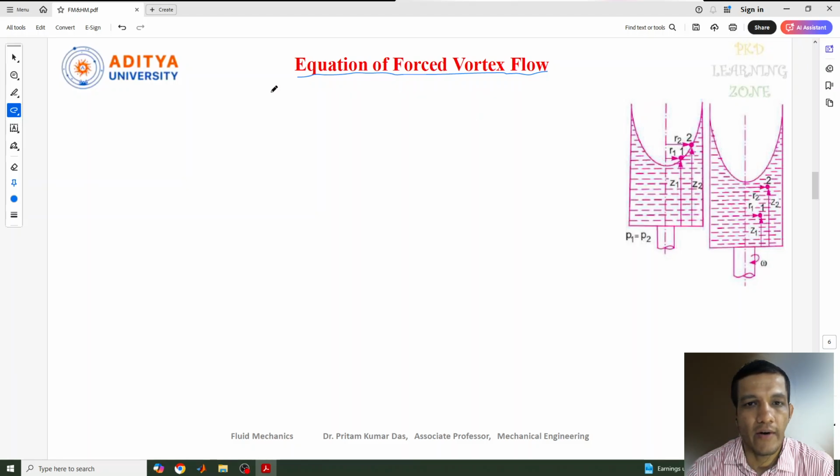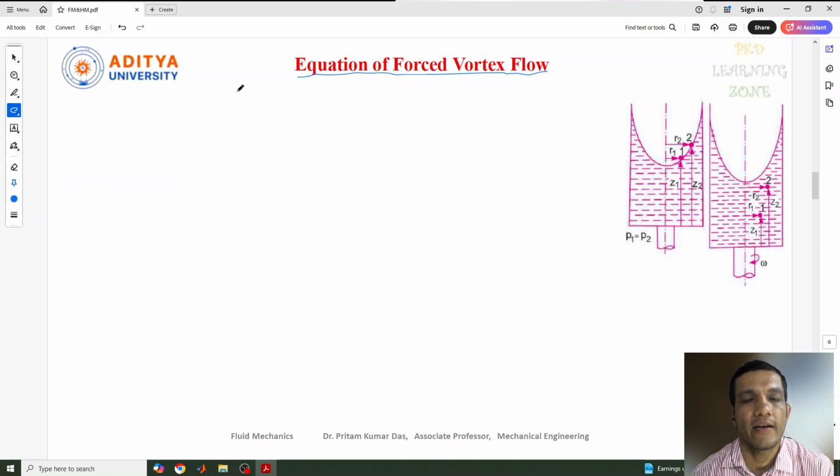So we have already discussed what is vortex flow, what is forced vortex flow, and what is free vortex flow. Now let's derive the equation for this forced vortex flow. We already know that when the liquid is circulated or rotated, a vortex is created.